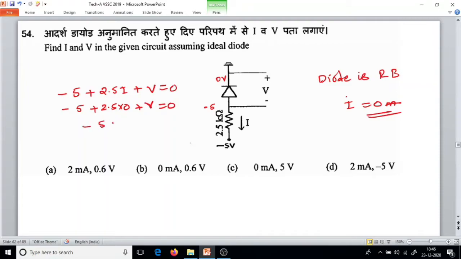So minus 5 equal to minus V. What is V? V equal to 5. I applied the KVL from here, like this. So the answer is option C, 0 volt, 0 milliamps and 5 volt.